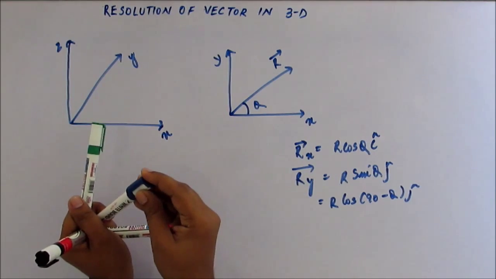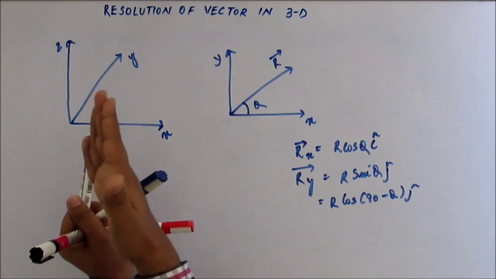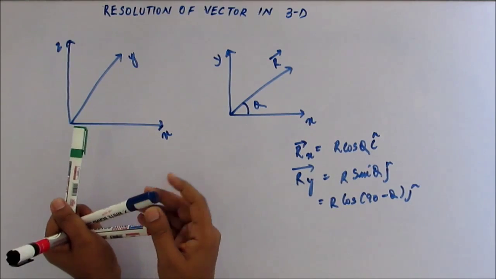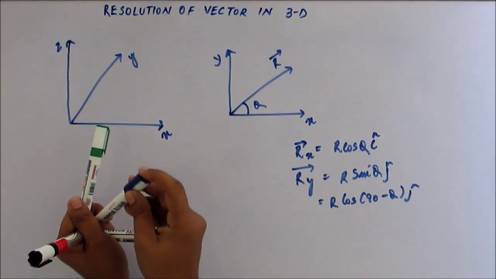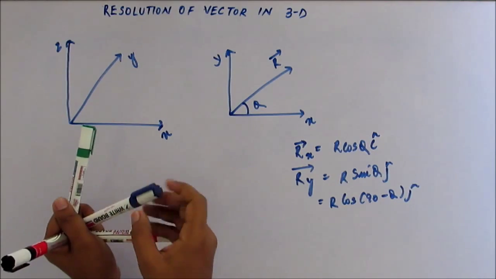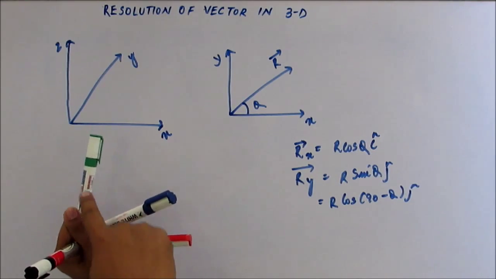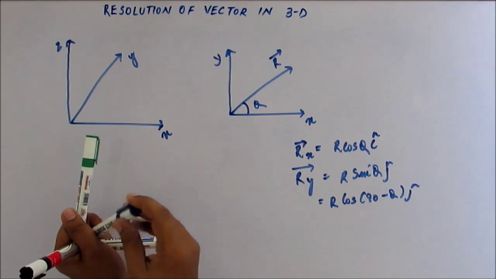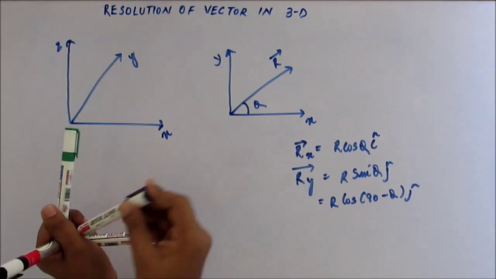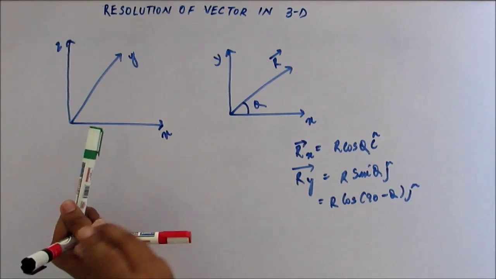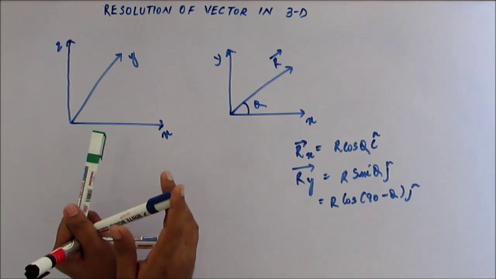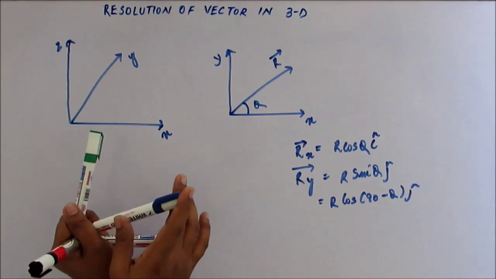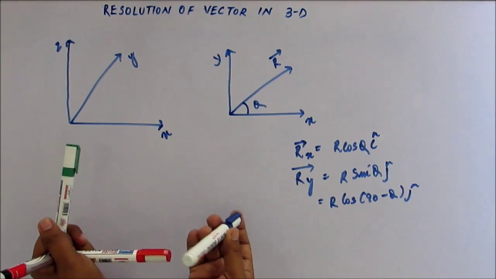Similarly, suppose the magnitude is r, the component along y-axis will be r cos beta, if beta is the angle between y-axis and the vector. Similarly, the component along z-axis will be r cos gamma, if gamma is the angle between this vector and z-axis. It's pretty straightforward.